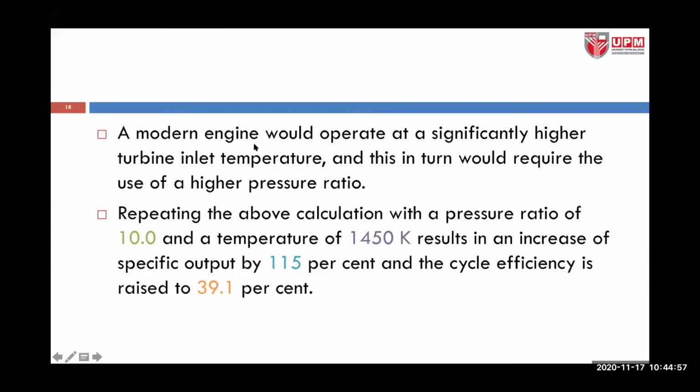A modern engine would operate at a significantly higher turbine inlet temperature, which in turn would require the use of a higher pressure.